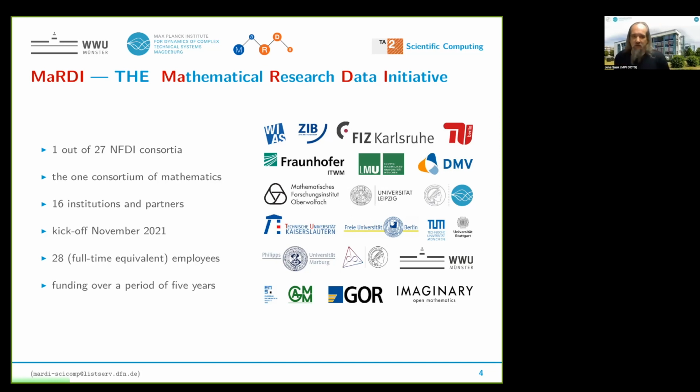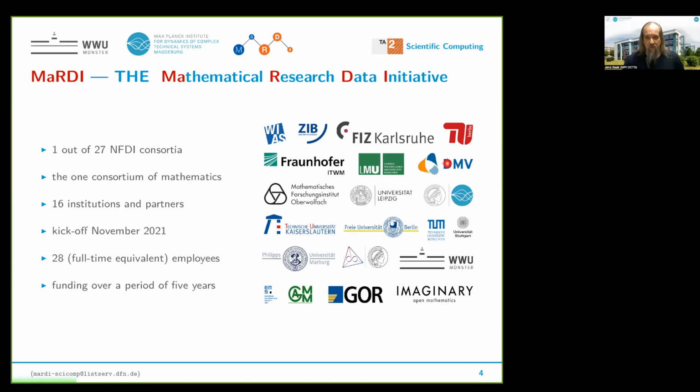So MaRDI is the one consortium that is concerned with mathematics and mathematics as a whole, covering the full bandwidth from basic mathematics to very applied and industrial mathematics in the different task areas, and we'll get to those in a second. We have 16 institutions and partners involved. The pictures can be seen over here.